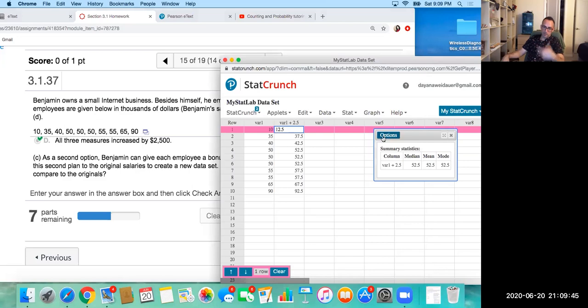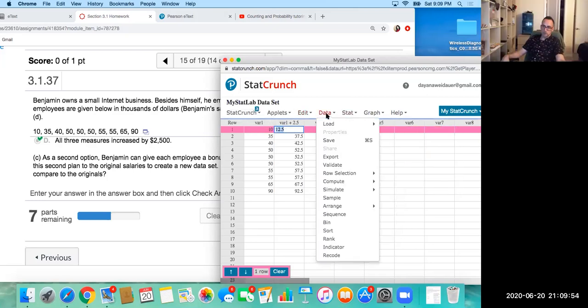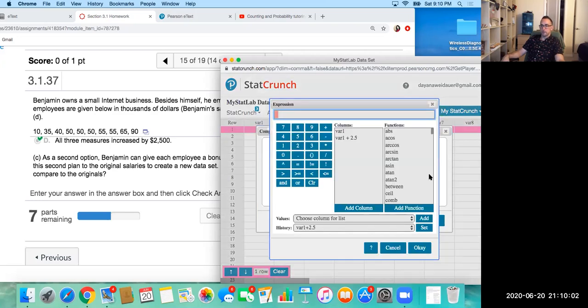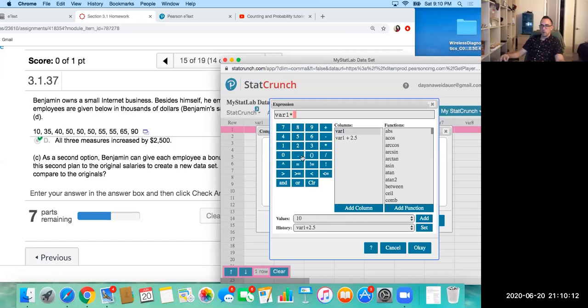I want to practice StatCrunch with you. So watch. Go to data, go to compute, expression, and then go to build. And I want you to put variable 1. Press double click, and I want you to say times 1.05.